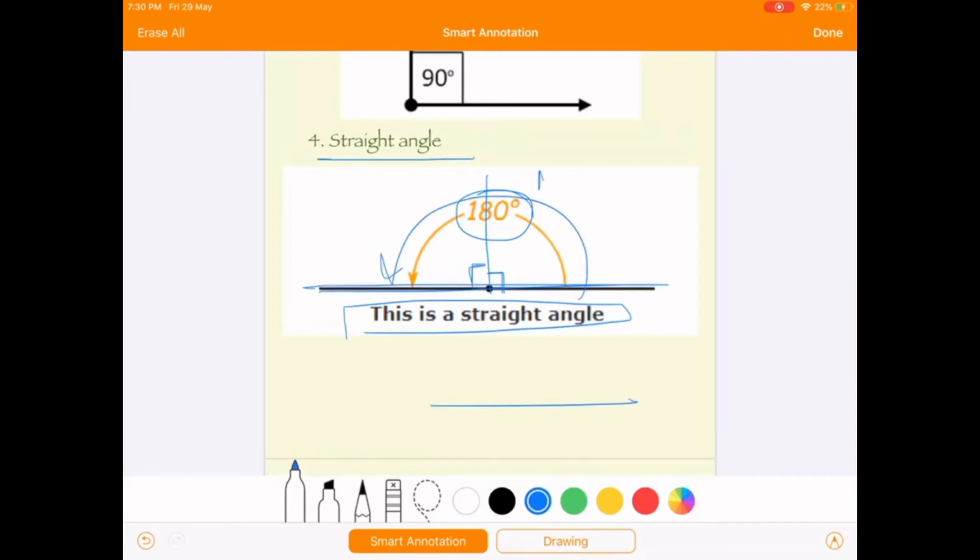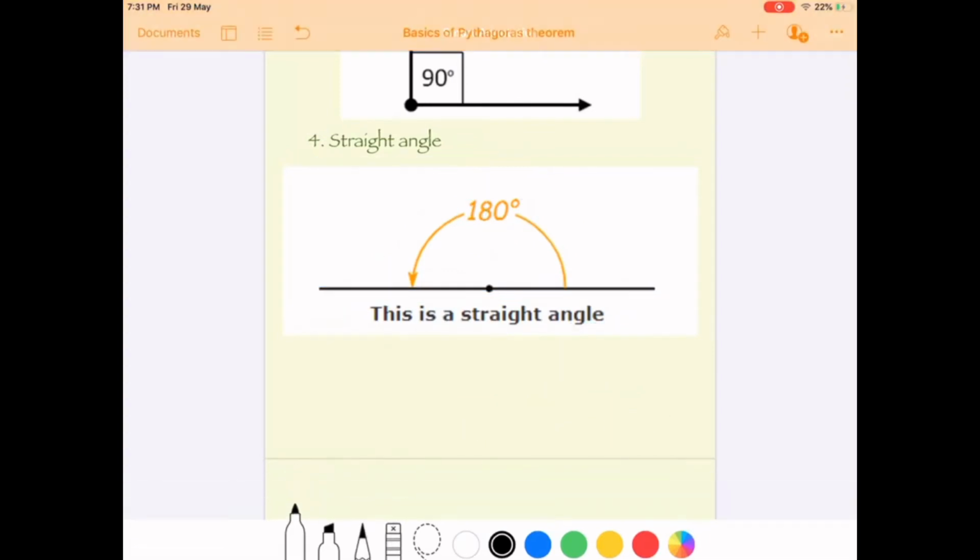Now if there are two angles like this, which we have studied in an earlier class, this one and this one, it forms a linear pair, right? And this angle is a straight angle. Therefore, if this is x and this is y, then x plus y is equal to 180 degrees, right? Let us move to the next one.